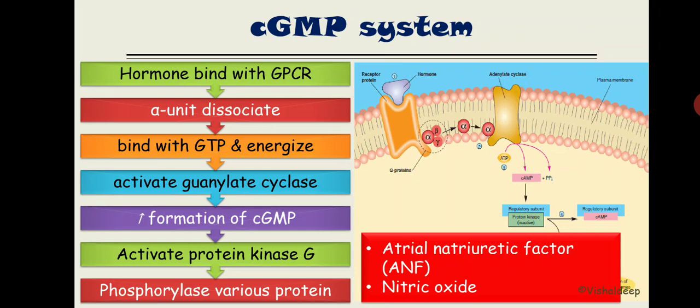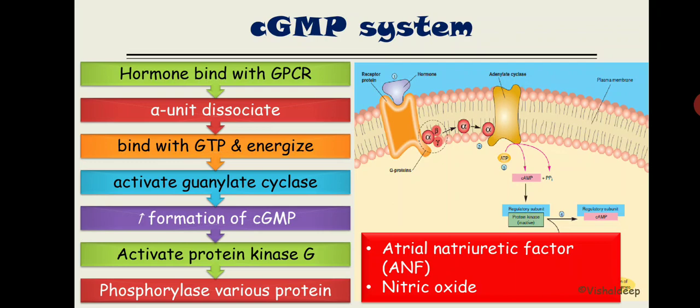There is a list of hormones, and we are going to use a certain formula to remember which hormone is using which system. So that might be the last slide of today's lecture. This cyclic GMP system is used by only two hormones. That's why I enumerated them over here.